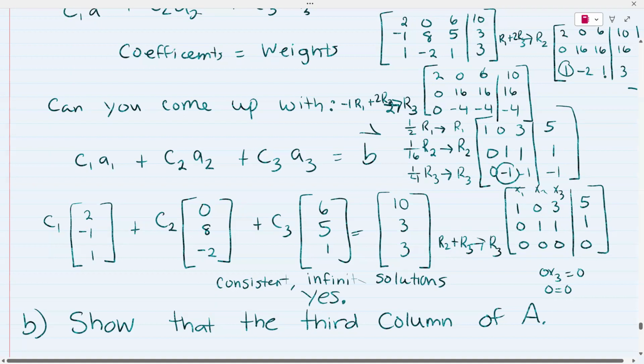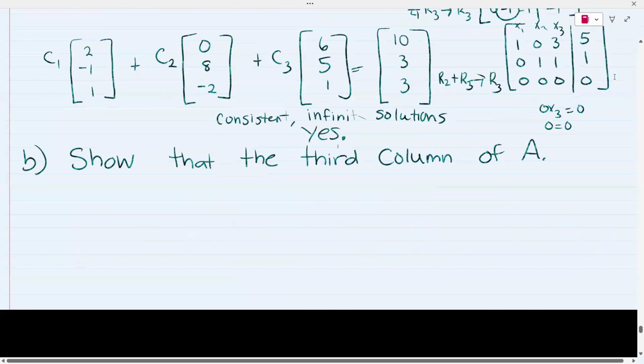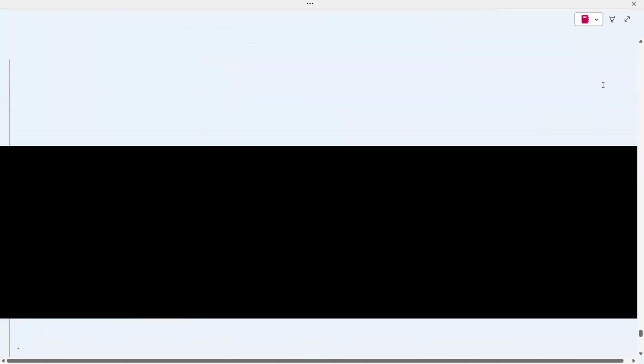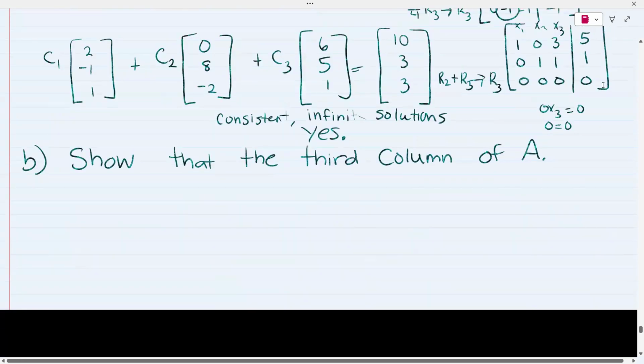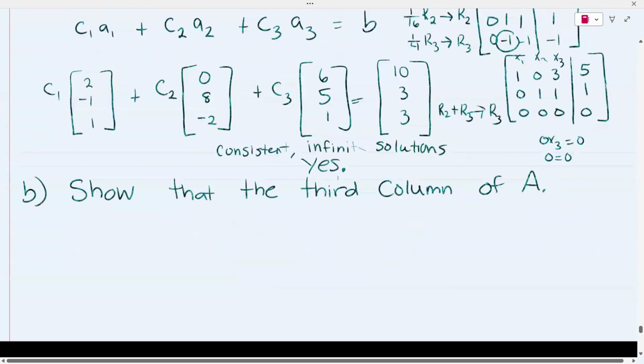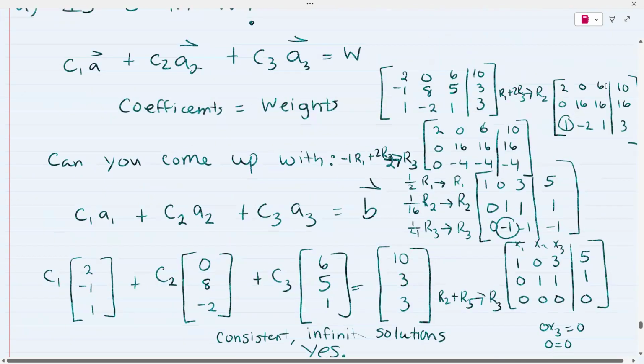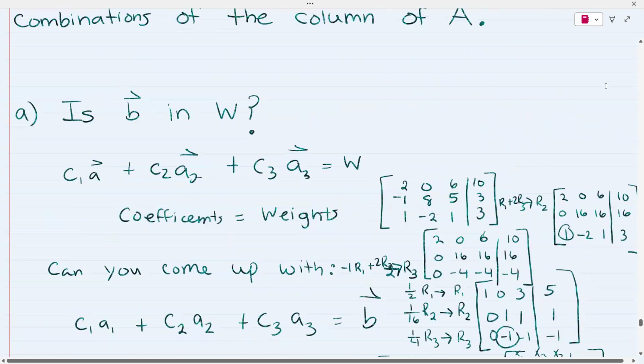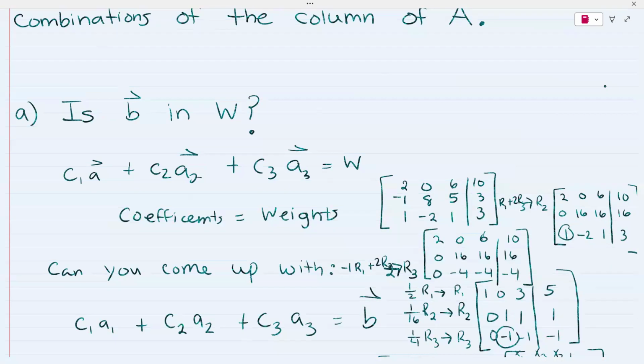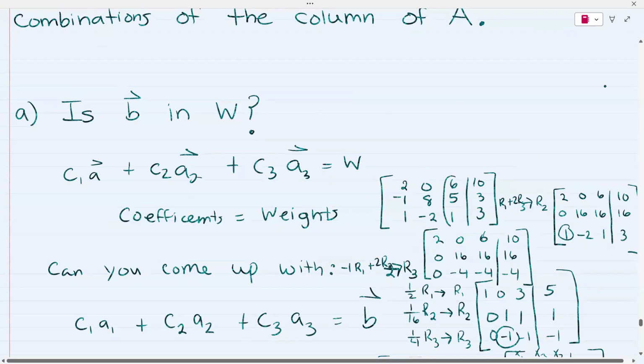Okay, let's do part B. Part B says, show that the third column of A. So the third column is A3. What you're doing is, if you go back to this matrix, you're going to make this equal to the last statement.